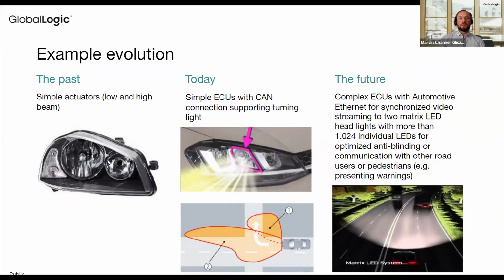Currently, we have a light which reacts to our actions in the car, so moving around, it's connected to the daylight sensor, so it changes light from day to night. If we turn right or left, it turns on additional lights.